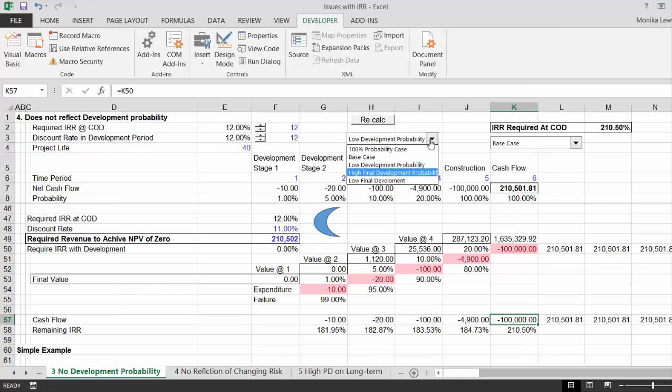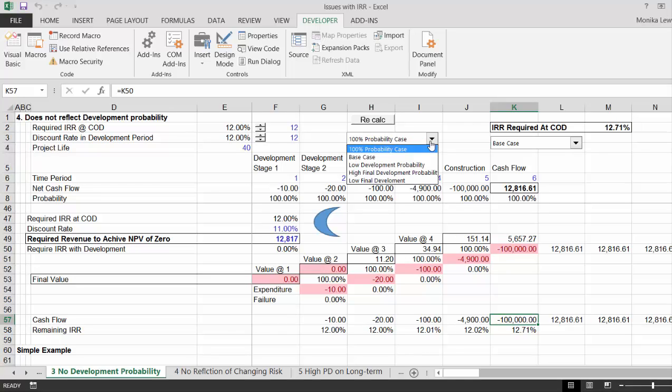If we have a high probability of development, kind of at the very end, this is the key big expenditure, then you need 22%. And what was it in the base case? In the base case, it was 19%. Uh-oh. High development probability. Why did that... 1, 5, 50, 85?